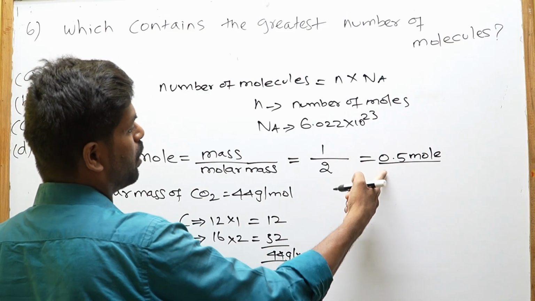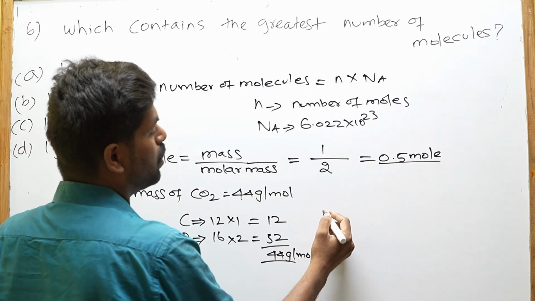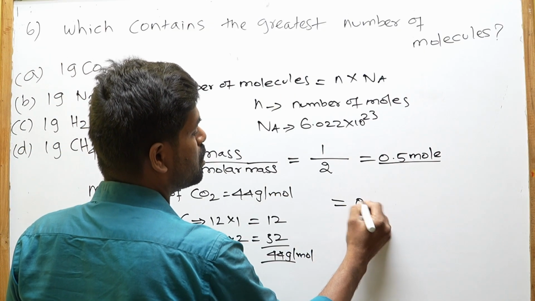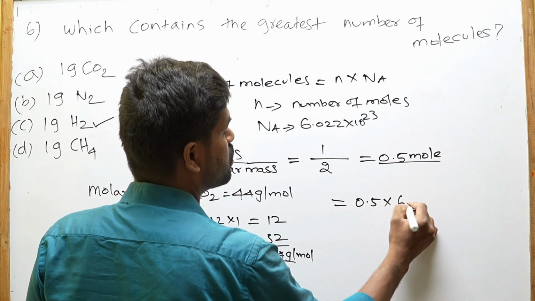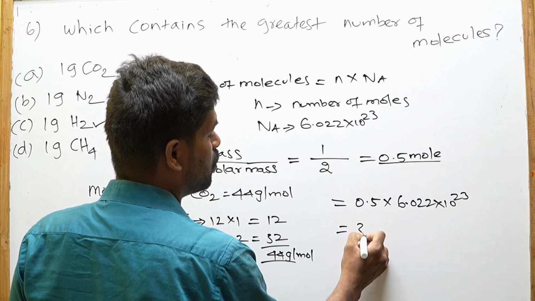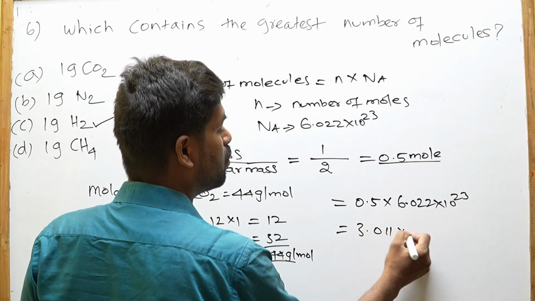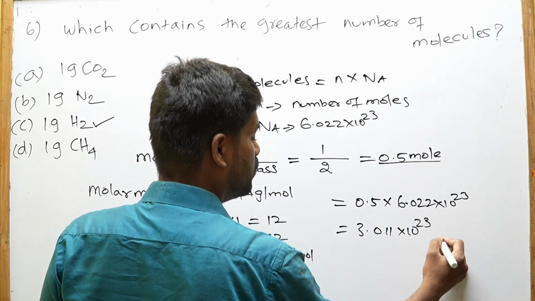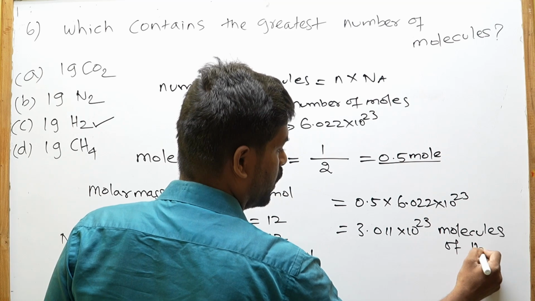If you substitute the number of moles in this equation, you get roughly 0.5 times 6.022 into 10 power 23, which is roughly 3.011 into 10 power 23 molecules of dihydrogen.